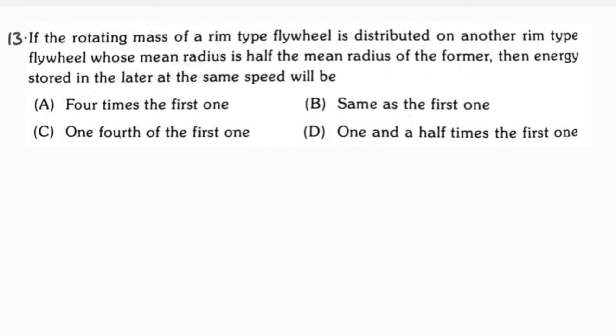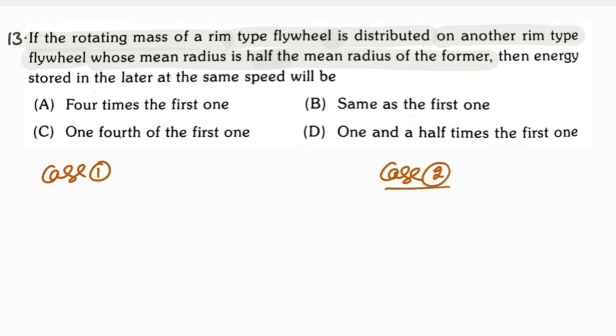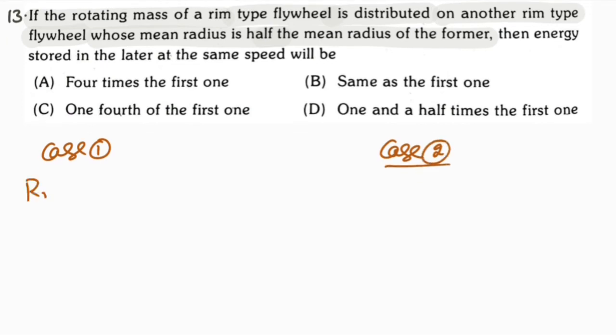Look at the 13th problem. If the rotating mass of a rim type flywheel is distributed on another rim type flywheel whose mean radius is half the mean radius of the former. It is like this. Case 1, case 2. If I assume the mean radius in the first case is r, mean radius in the second case is half of the mean radius of the first case.